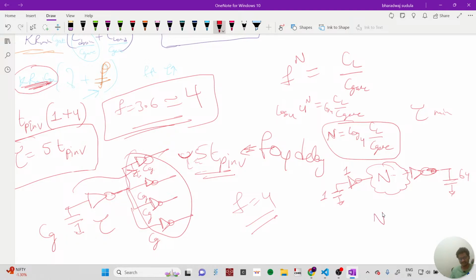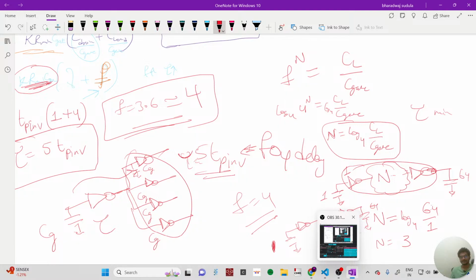So it turns out to be 64 by 1, log of base 4. So log 64 base 4 is 3. So I need chain of 3 inverters. That in the sense these 3 to drive 64 unit gate caps. So this is the optimization.